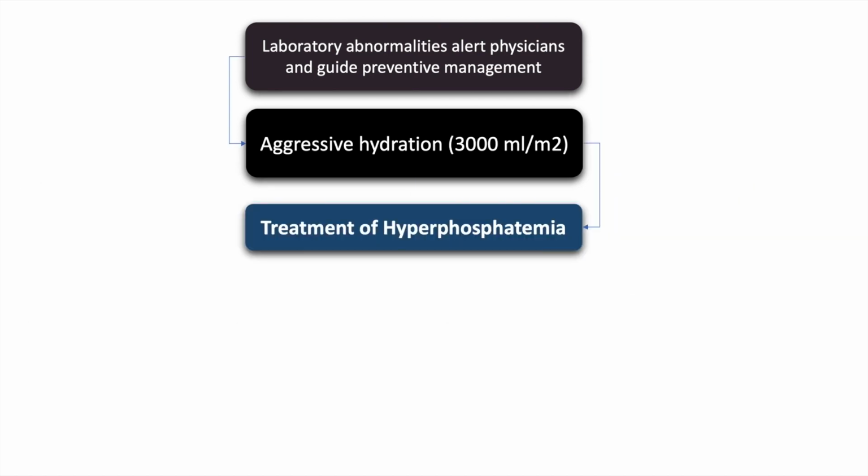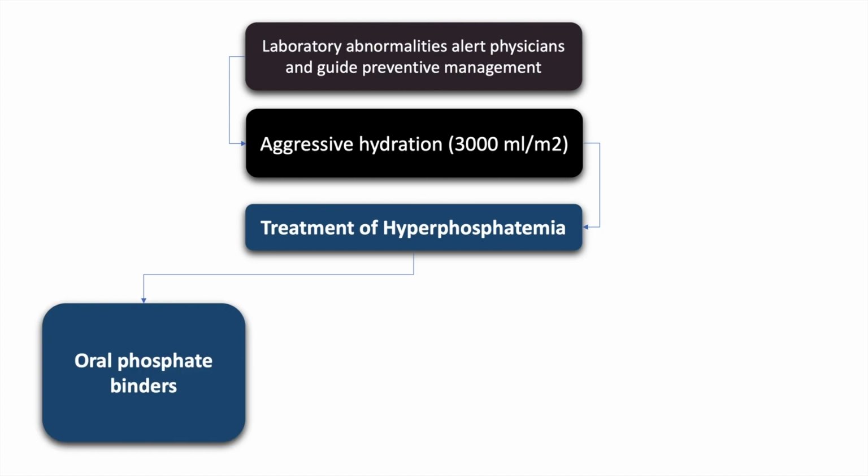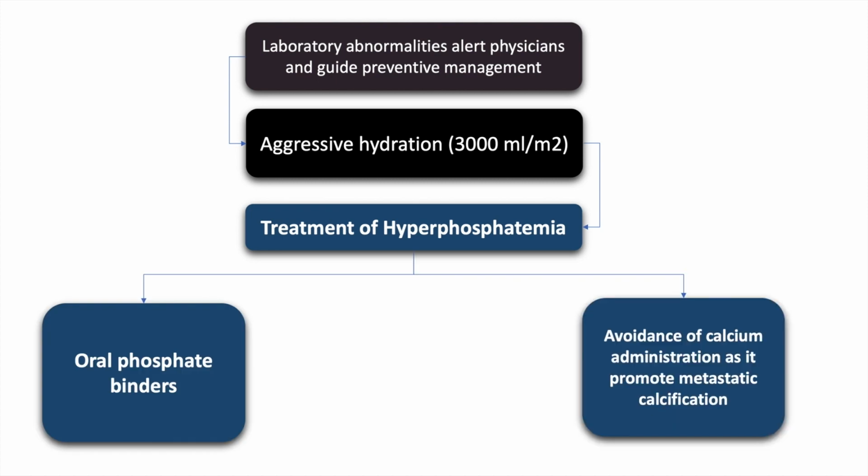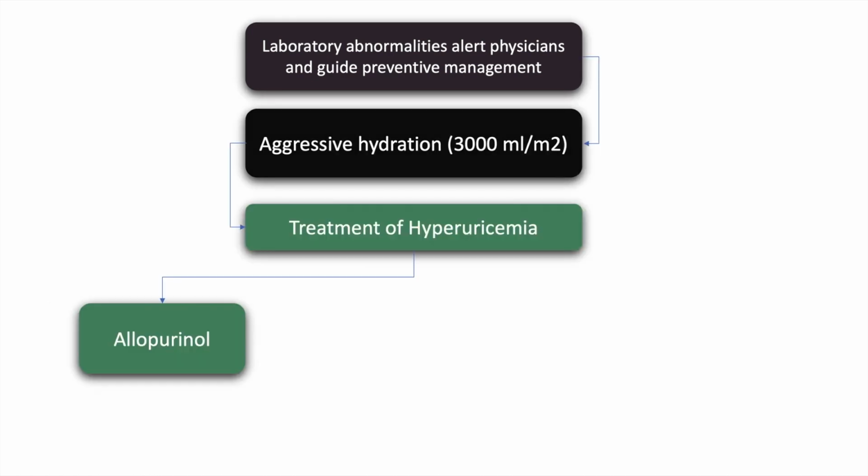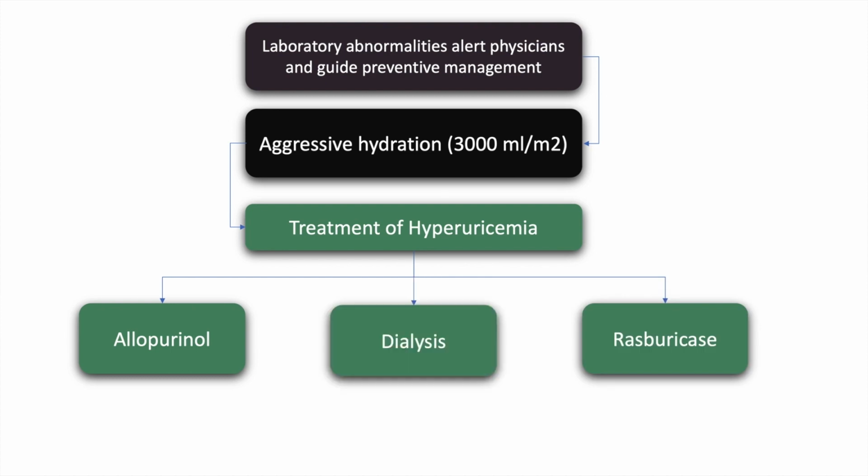The management of hyperphosphatemia consists of oral phosphate binders and avoidance of calcium as it promotes metastatic calcification. Treatment of hyperuricemia consists of allopurinol, rasburicase, and dialysis.